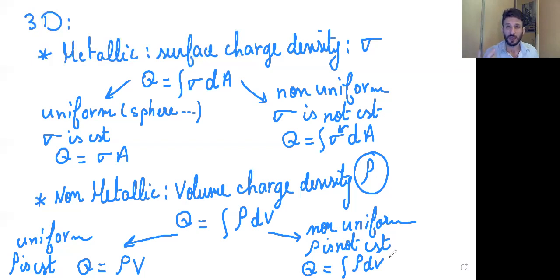You have to understand well, because it's important to solve any problem. If you cannot distinguish between metallic and non-metallic, between uniform or not, it's difficult to solve the problem. Okay? Thank you.